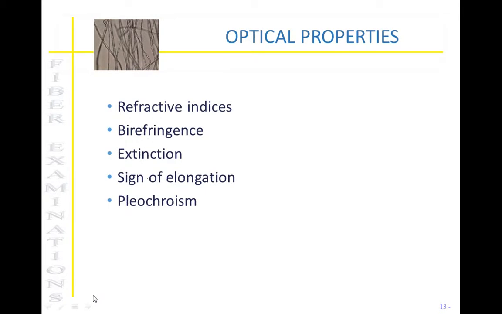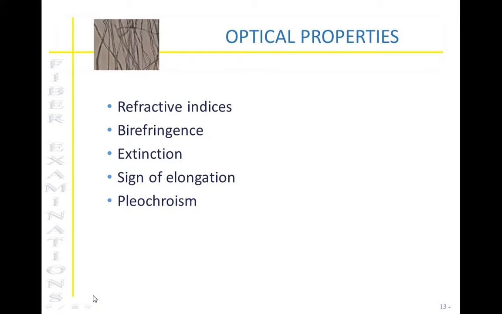There are also a lot of optical properties that can be examined for fiber samples. Fibers will also have refractive indices that are very specific to a particular type of fiber. They will also have birefringence values and extinction characteristics. A fiber will also have a sign of elongation, and the fiber may or may not exhibit pleochroism.